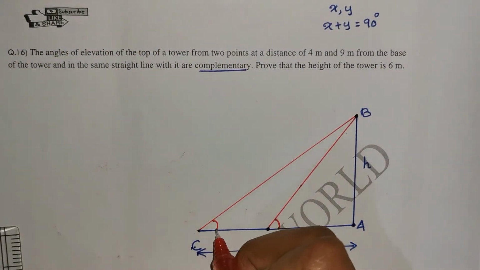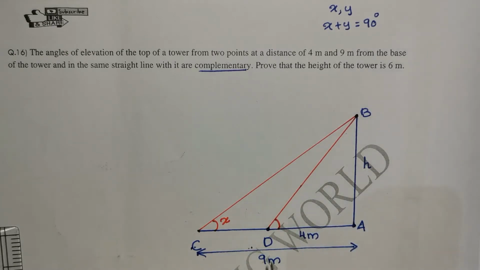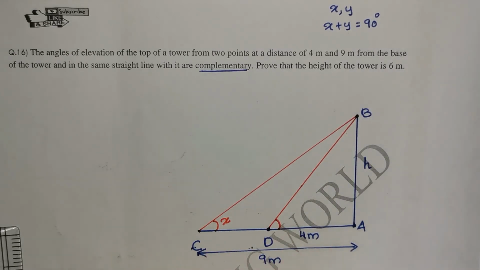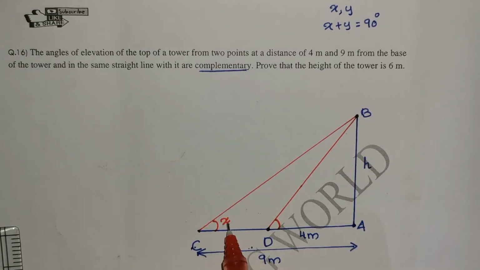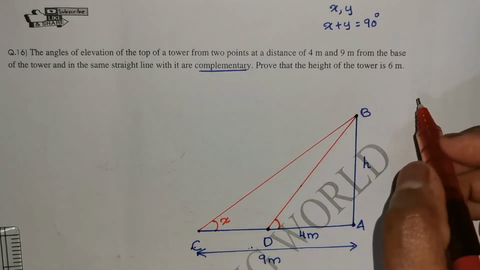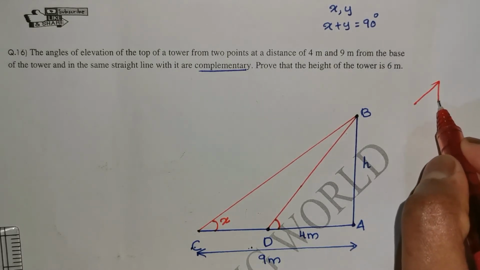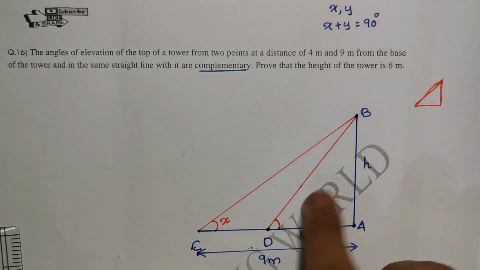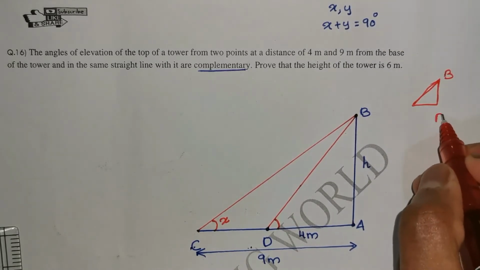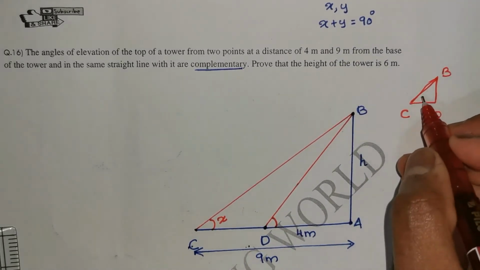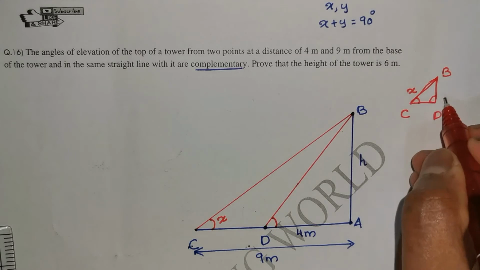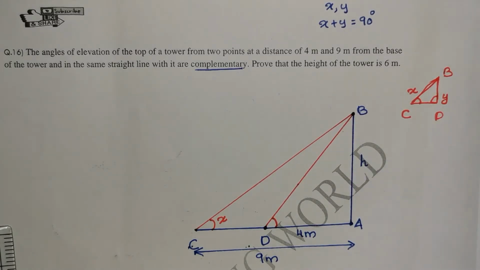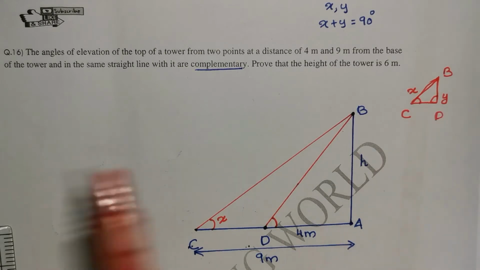If we are taking this as x, okay students, then this plus this is equal to 90 degree. It has been said that the angles of elevation are complementary. Suppose this triangle is B, D and C. If this is x and this is y, these two angles are complementary.